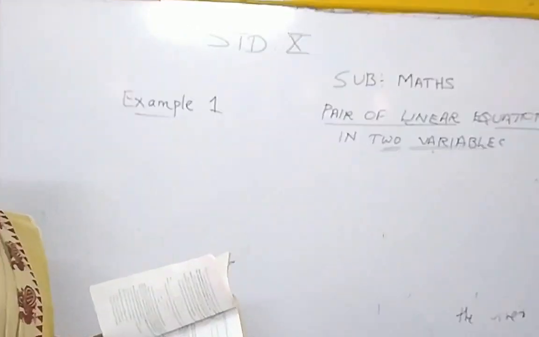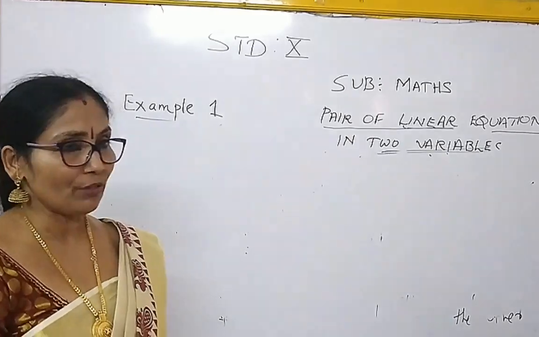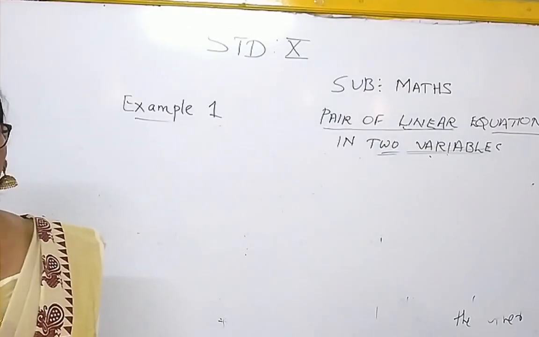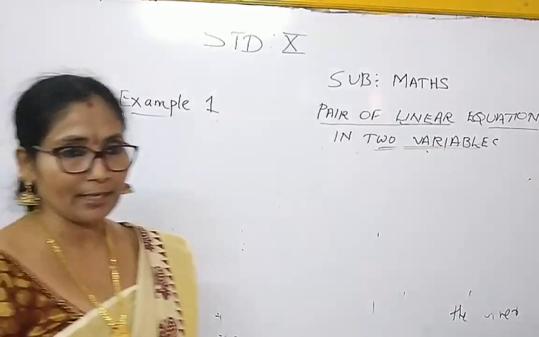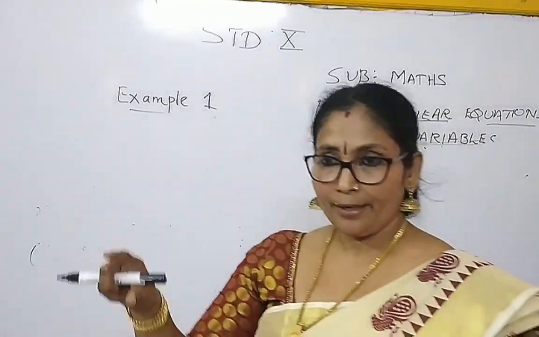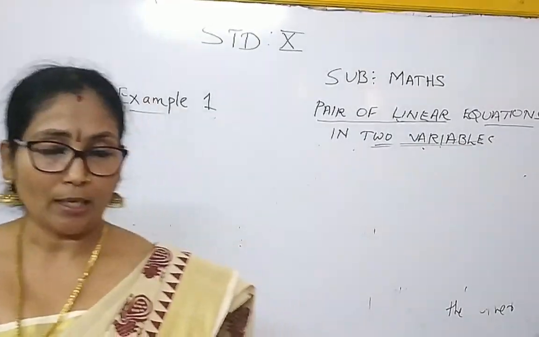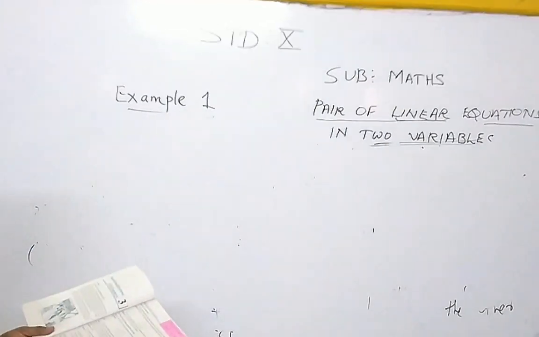Now what it says is that the number of times she played hoopla is half the number of times she rode the giant wheel. So here you have to assume two variables, x and y.